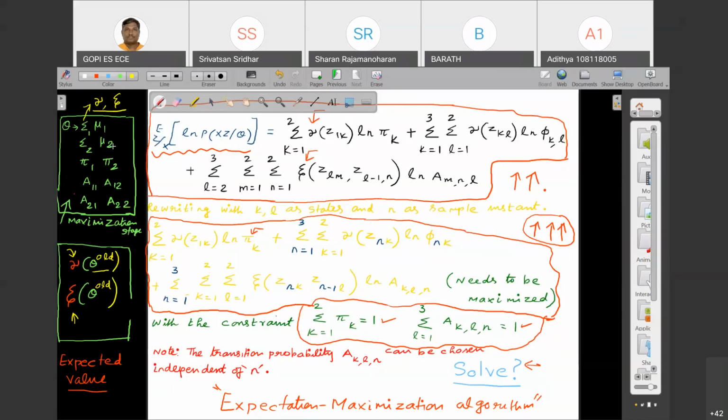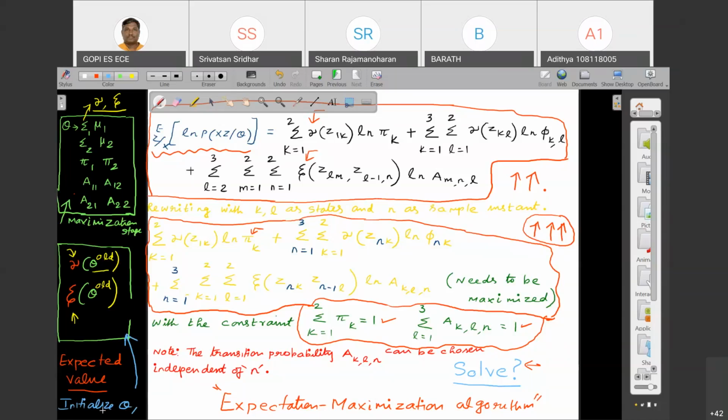So it is an iterative process, right? Let me put it in a simple form. You initialize theta, that is the first step. Using this theta, which is basically theta old, you find out gamma and zeta.